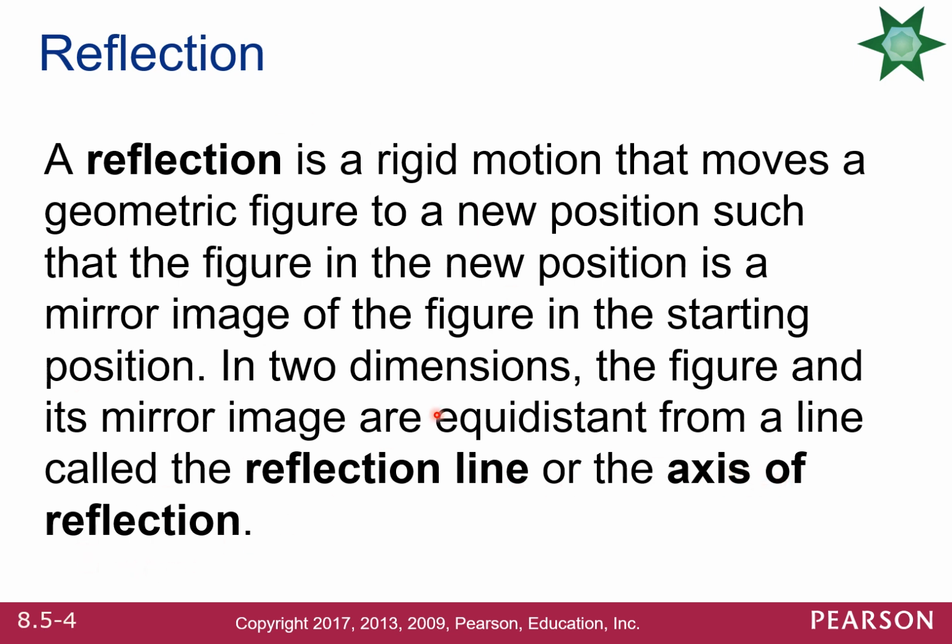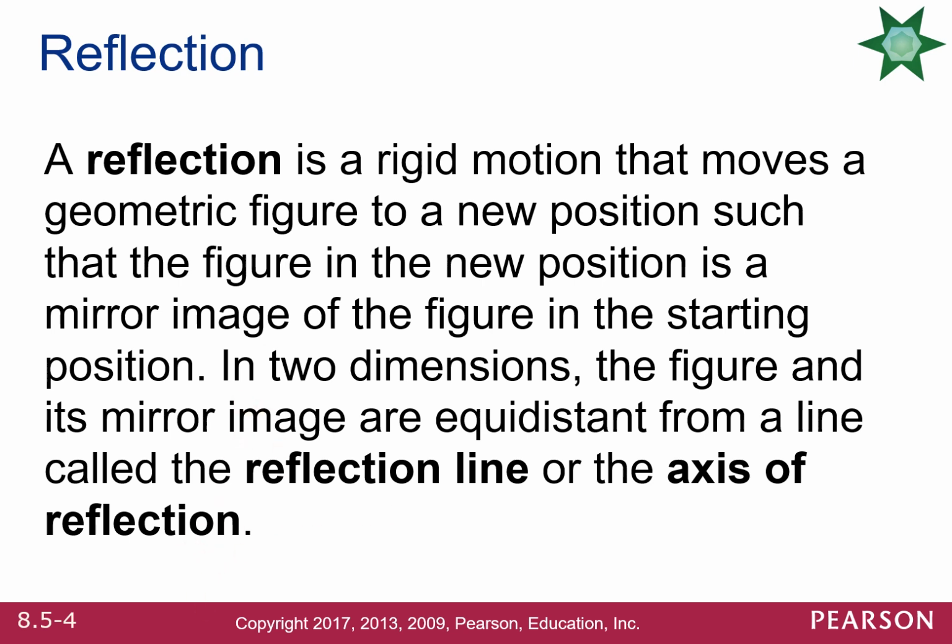So again, I'm going to read through it. A reflection is a rigid motion that moves a geometric figure to a new position such that the figure in the new position is a mirror image of the figure in the starting position. In two dimensions, the figure and its mirror image are equidistant from a line called the reflection line or the axis of reflection.